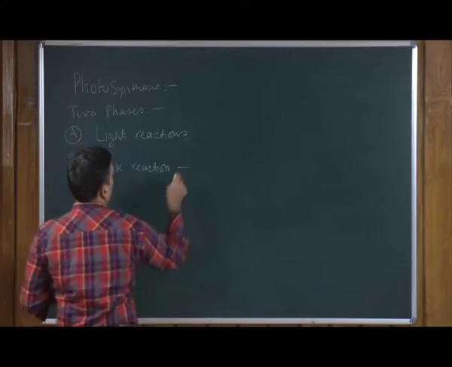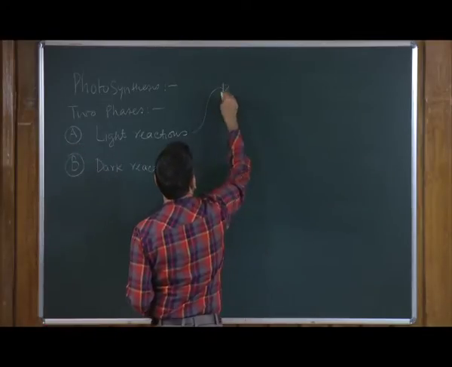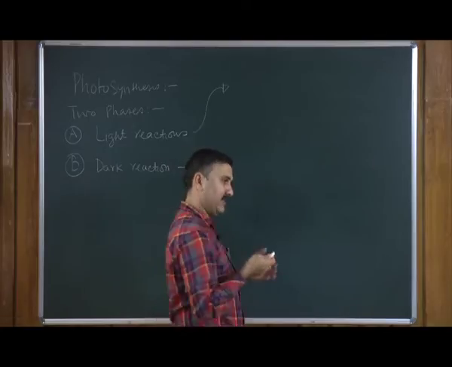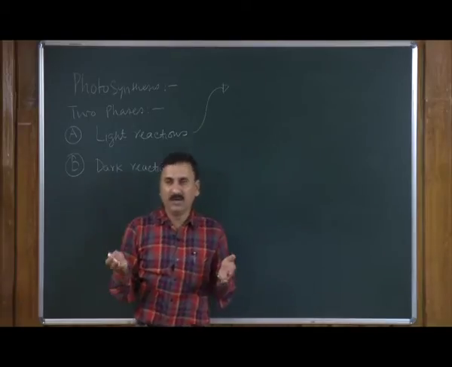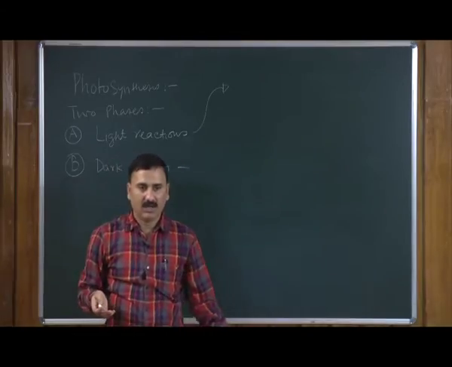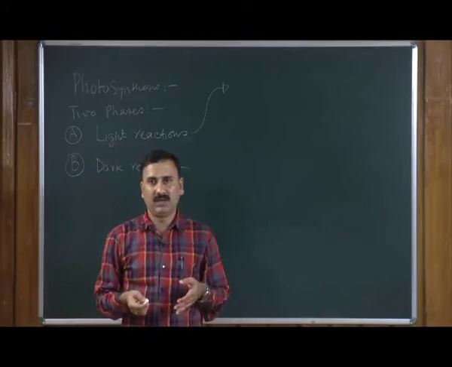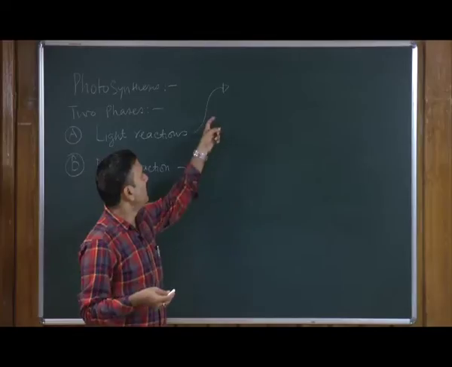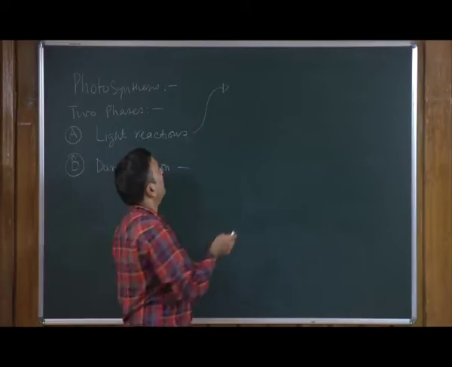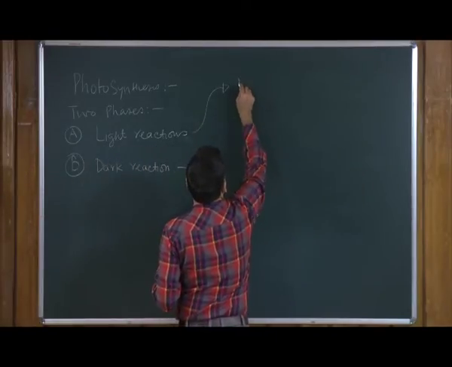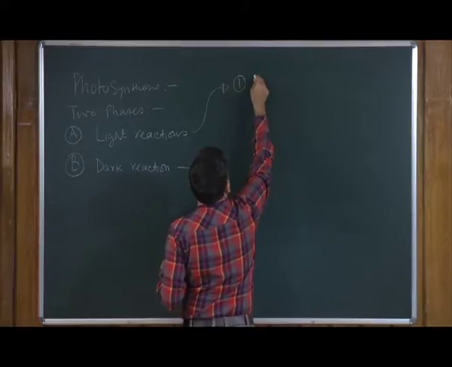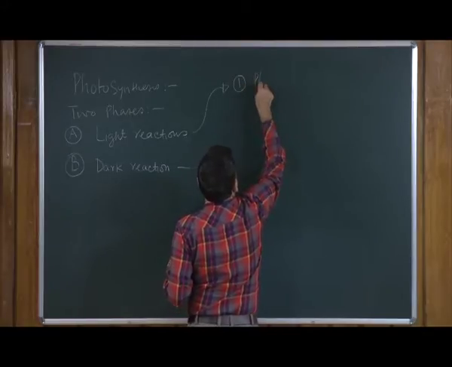Within the light reactions we have different steps, and we have already discussed what is happening within the light reactions. In the light reaction, we have the photolysis of water.